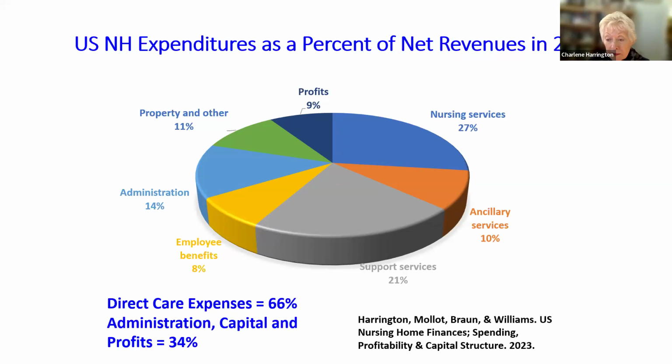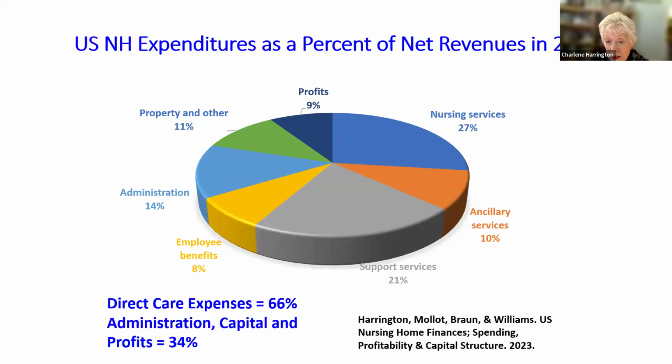And I think this is one of the first papers that's shown us this. And I think this is why we saw that 4 states have passed direct care expenditure bills: New York, New Jersey, Pennsylvania, and Massachusetts. And these direct care expenditure bills are really an excellent idea because it sets an amount that has to be spent on direct care and limits the amount that can go for administration, property, and profits.